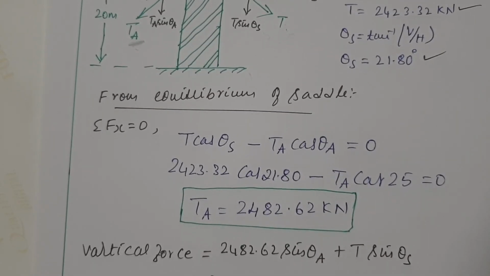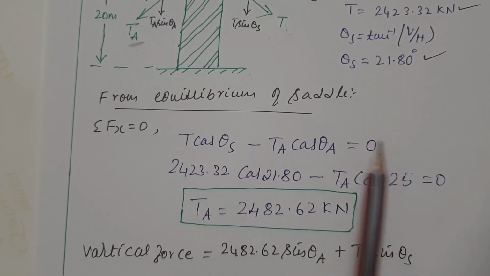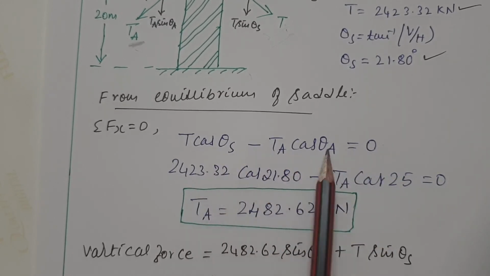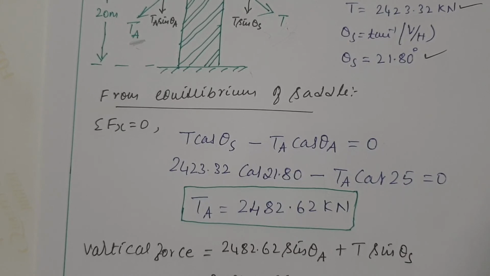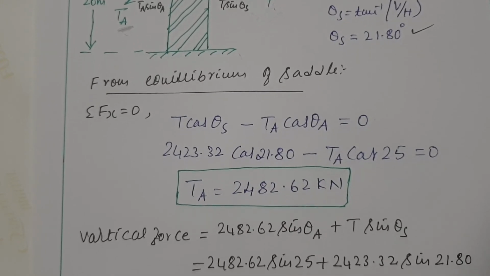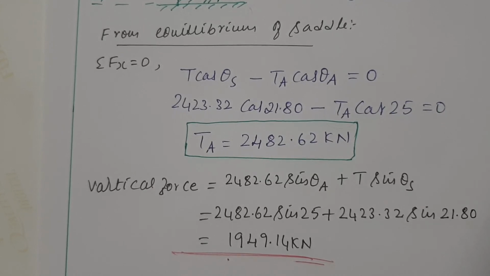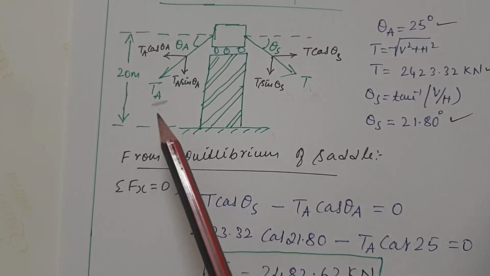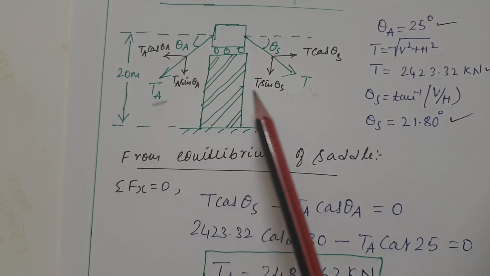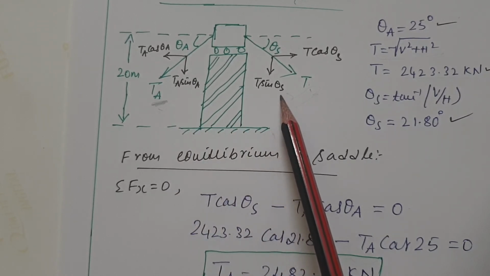And a very important thing is, these two are one and the same, so the net horizontal force becomes 0. You have to remember that. For vertical forces, you know the tension in the anchor cable TA and the tension in the suspension cable.